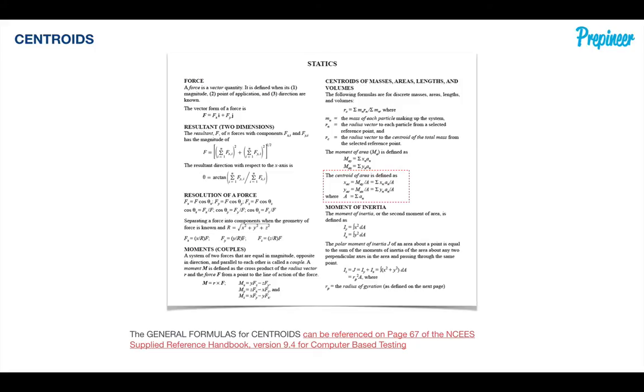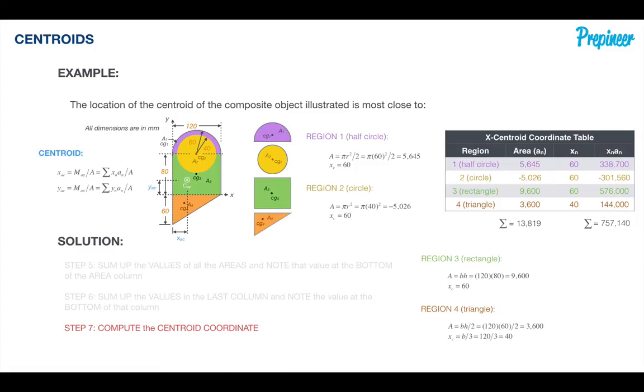Again, if we flip back to page 67, I'm going to just keep pounding this into your heads, guys. Page 67 is your savior if you forget what the centroidal coordinate formulas are. They're highlighted, and I bring those back over to our problem. Right now we're only concerned with the x-coordinate of the centroid of this area.